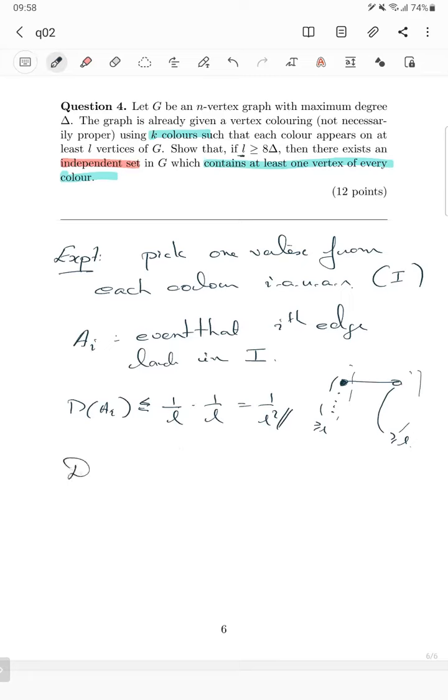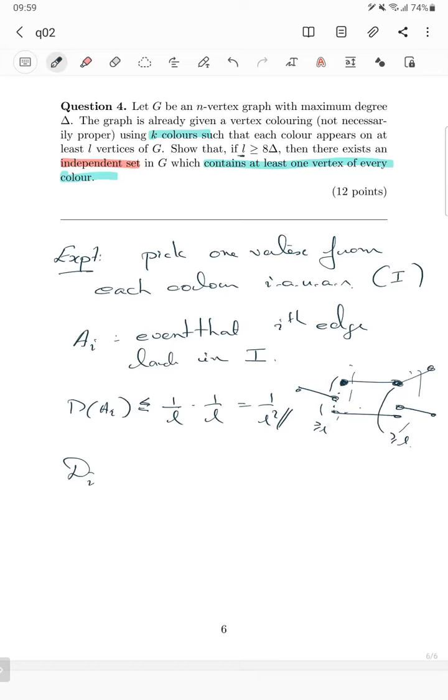And the dependency degree: when you pick the sets, what are the events you can potentially influence? You can potentially influence any edge which has one endpoint in this color class. Even things like this, right? If you count, it would be okay.